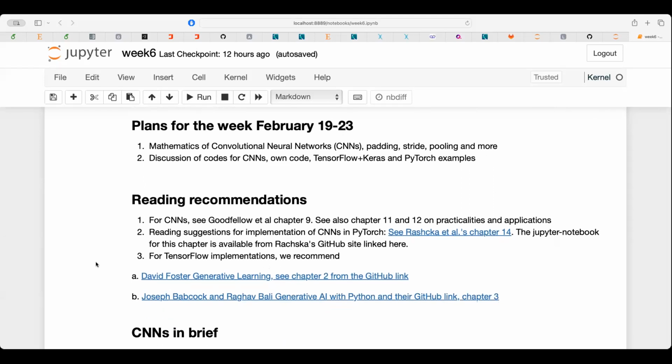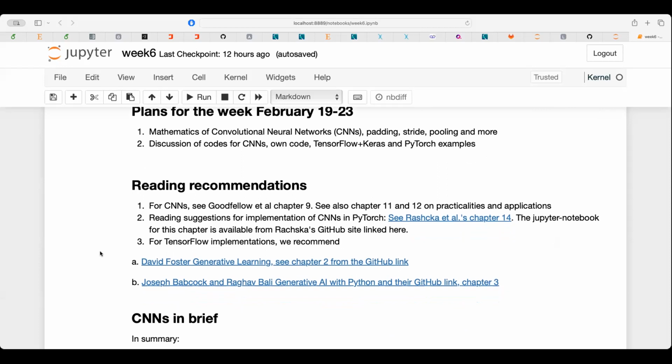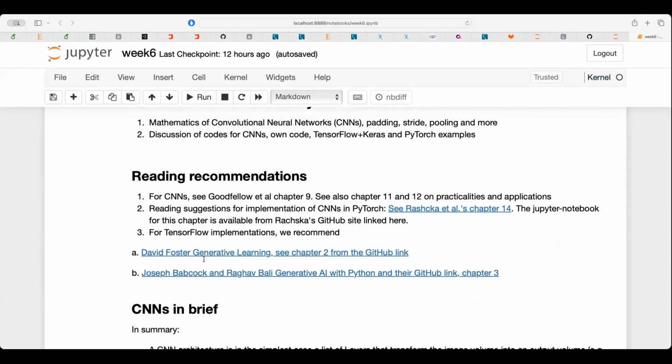Concerning TensorFlow and PyTorch, as we have said throughout the semester, we have textbooks which are very good. One is obviously Raschka's textbook, and you can download the Jupyter Notebook from chapter 14, which is a PyTorch implementation of a convolutional neural network. Then, if you go to David Foster's book on generative learning, you can click on these links, and that brings you immediately to the GitHub address.